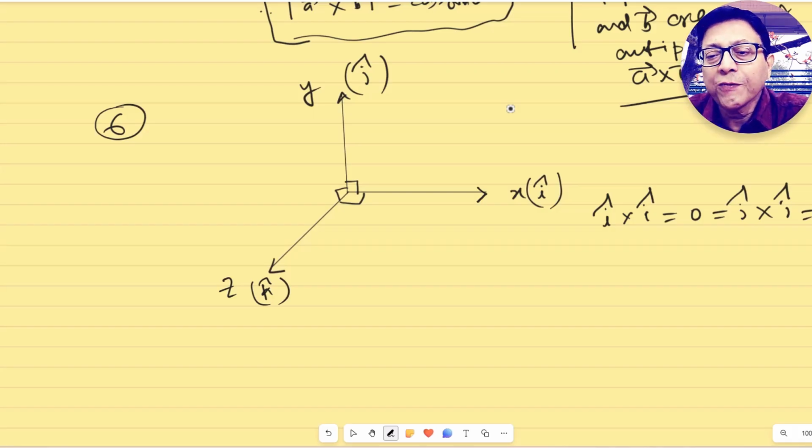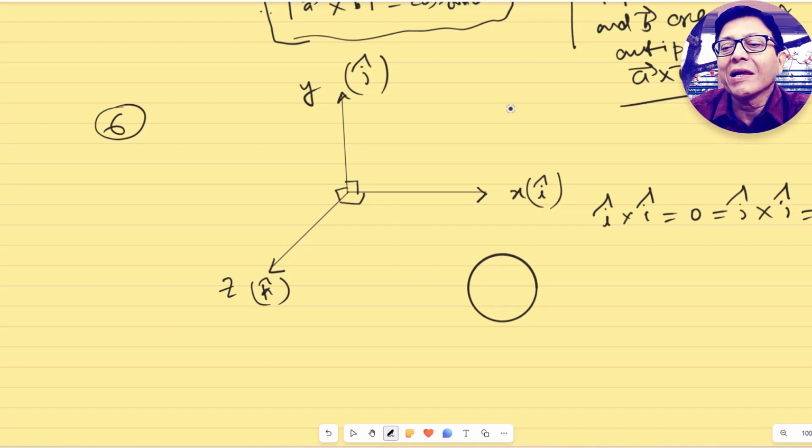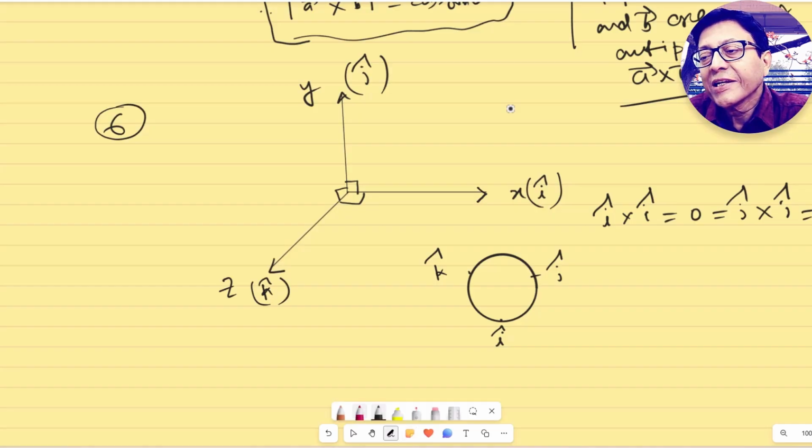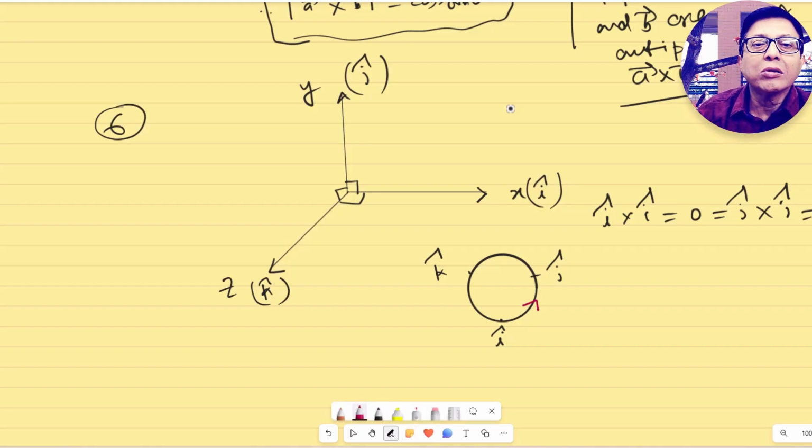If we want to find I cross I, the result is 0, because the angle between them is 0 degree. Similarly, J cross J is 0 and K cross K is also 0.